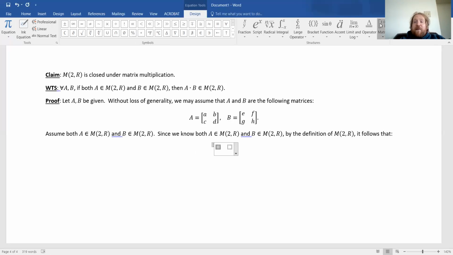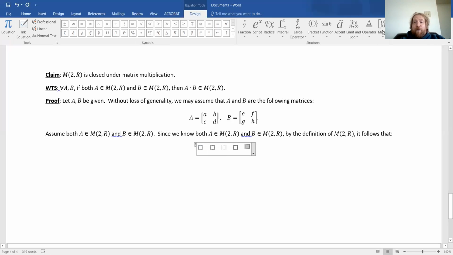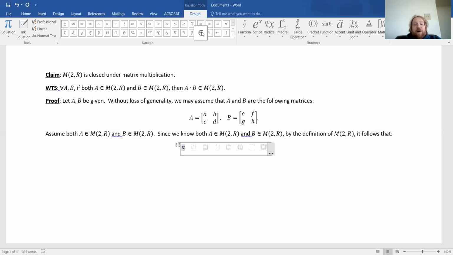Because the matrix A, B, C, D is in M2R, it means each of the entries A, B, C, and D are members of the reals, or in R. And similarly, because the matrix E, F, G, H is in M2R, it means each of the entries are in the real numbers.